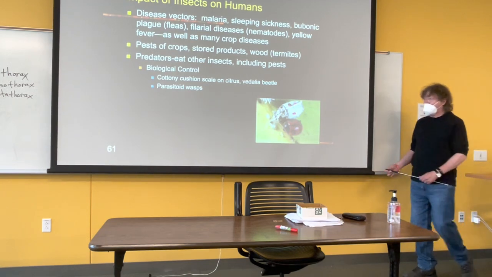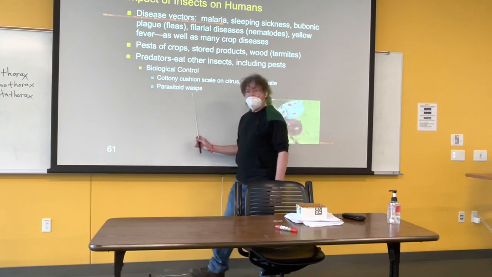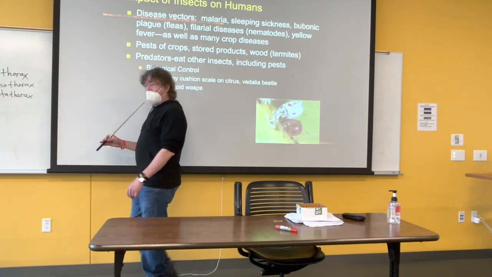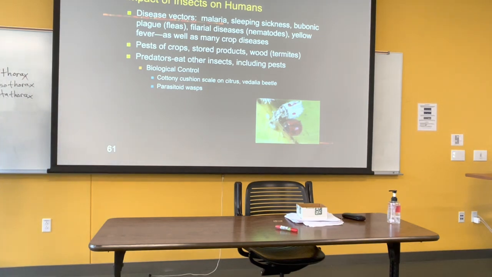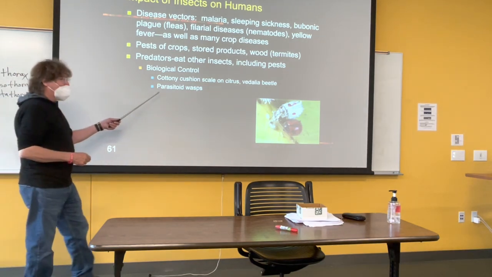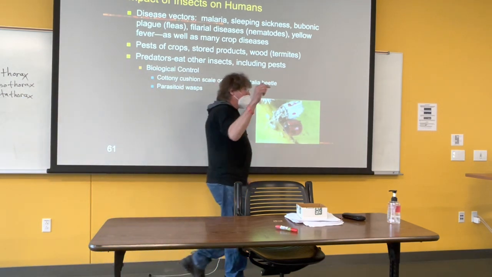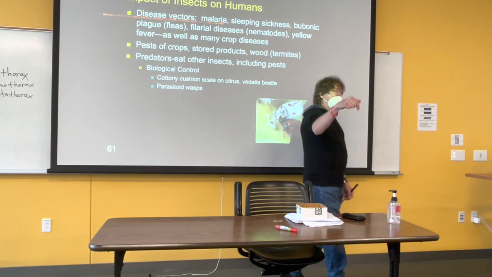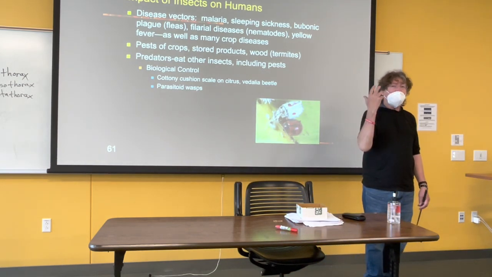Parasitoid wasps. This is in the group called Hymenoptera, that includes ants and bees and wasps. Okay, now these parasitoid wasps, and there's a big group of them, a lot of them are real small, lay their eggs inside the bodies of other insects, including caterpillars.